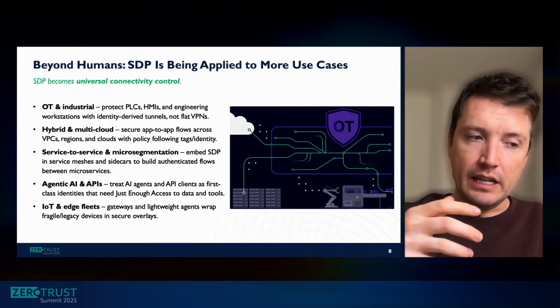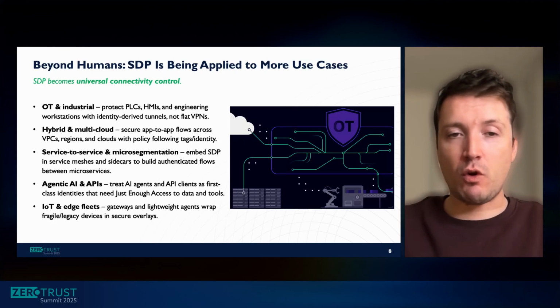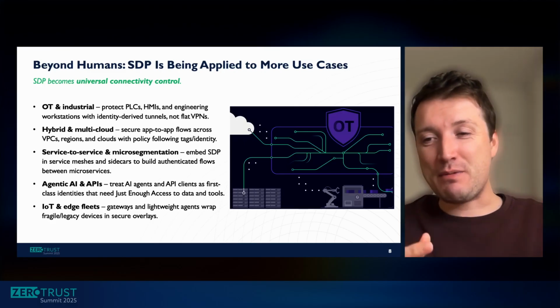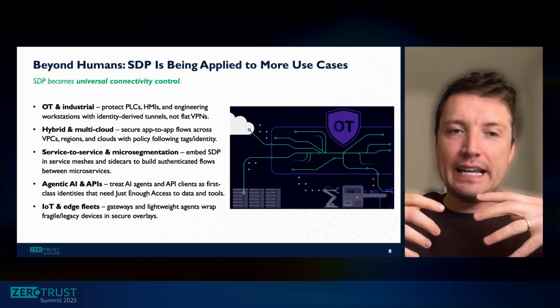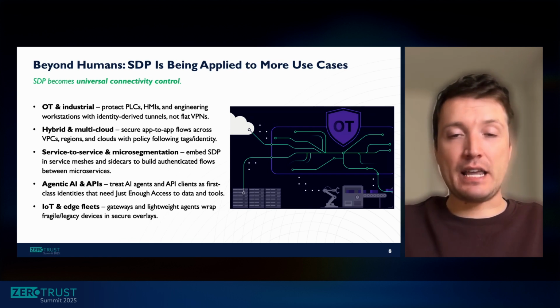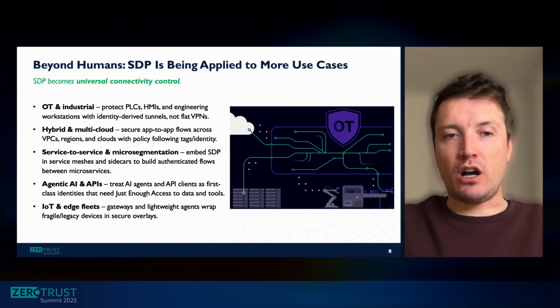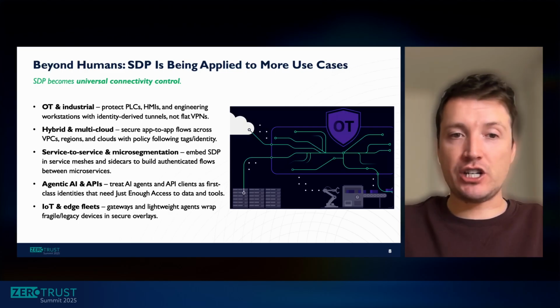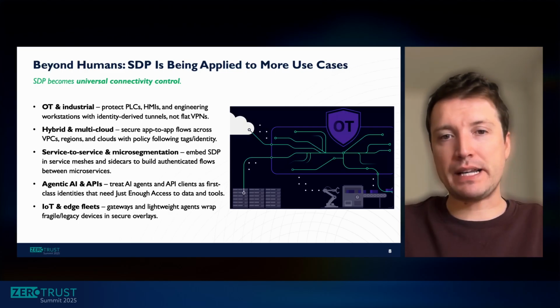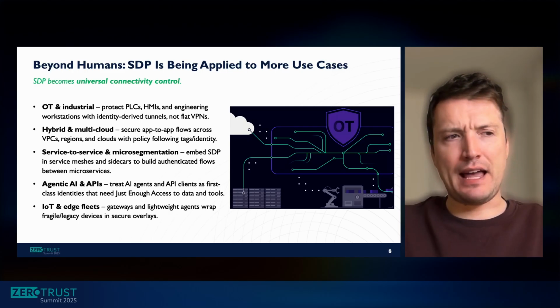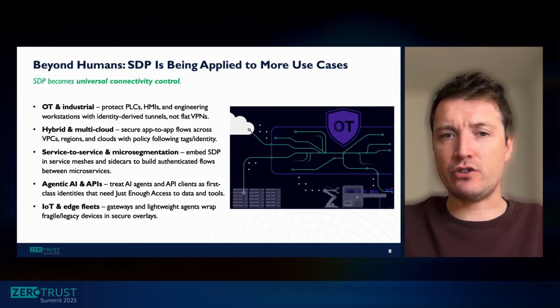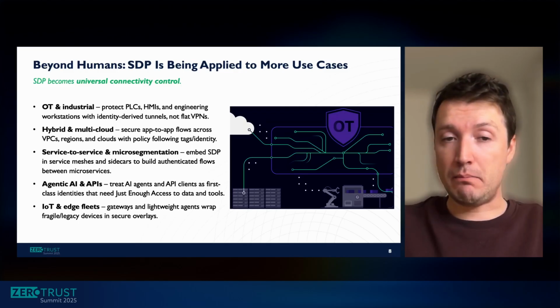One of the edge use cases that we're starting to see more and more, and as we've been writing the paper we've been incorporating more and more, is agentic AI and APIs. The graph-based systems which are inherent to agentic AI are incredibly distributed, and that makes static network configurations hyper challenged by them.